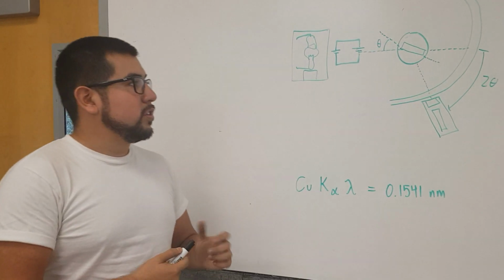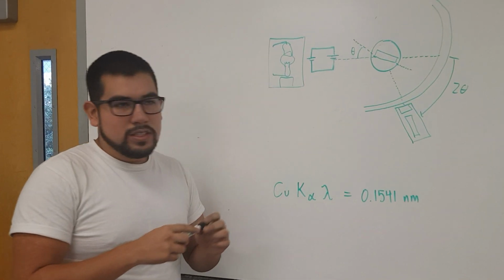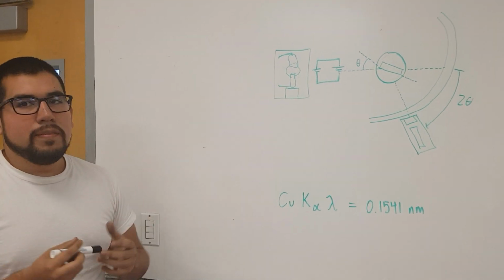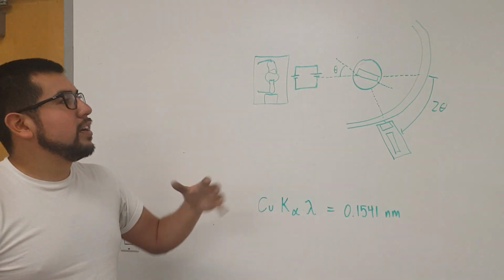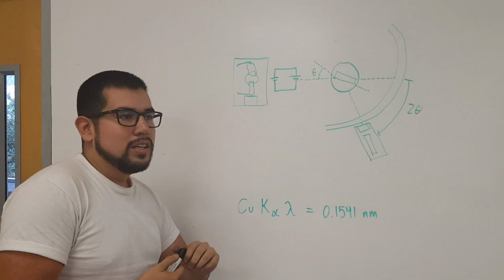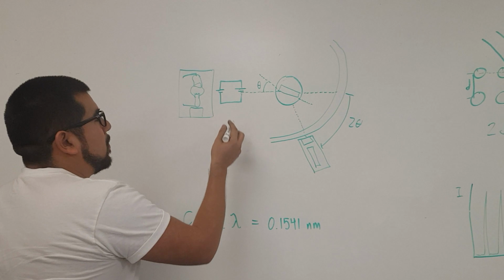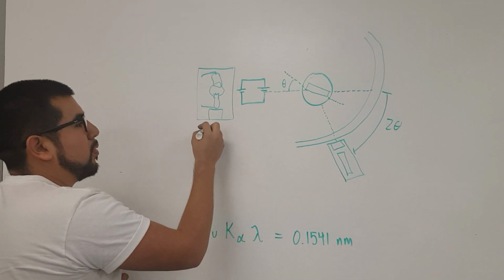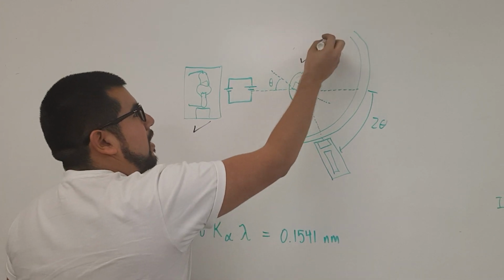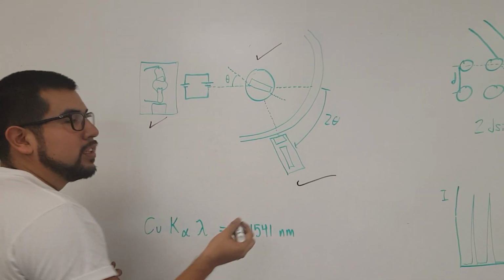We now are going to talk about the real procedure, the real experiment in the lab. Before we get into that, first we have to explain how exactly the machine works. The machine consists of three main parts, which are the X-ray producer, the sample, and the detector.